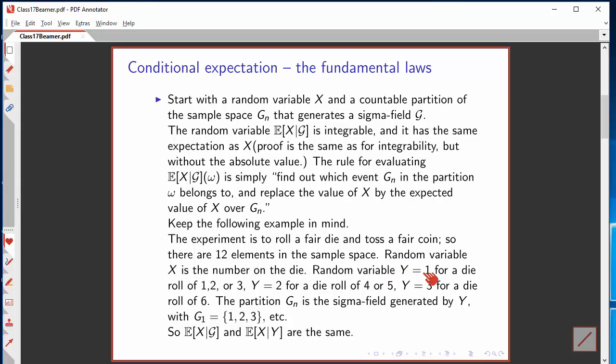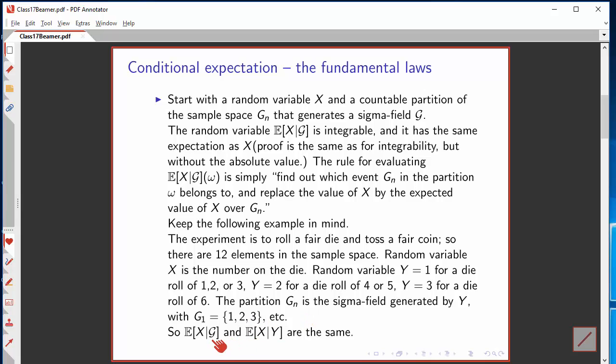The random variable Y is determined solely by the die roll. It has the value 1 if you roll a 1, 2, or 3, 2 if you roll a 4 or 5, 3 if you roll a 6. And the partition we're going to use is the sigma field that's generated by this, the level sets of Y. So G1 will be {1, 2, 3}, G2 will be {4, 5}, and G3 will be {6}.